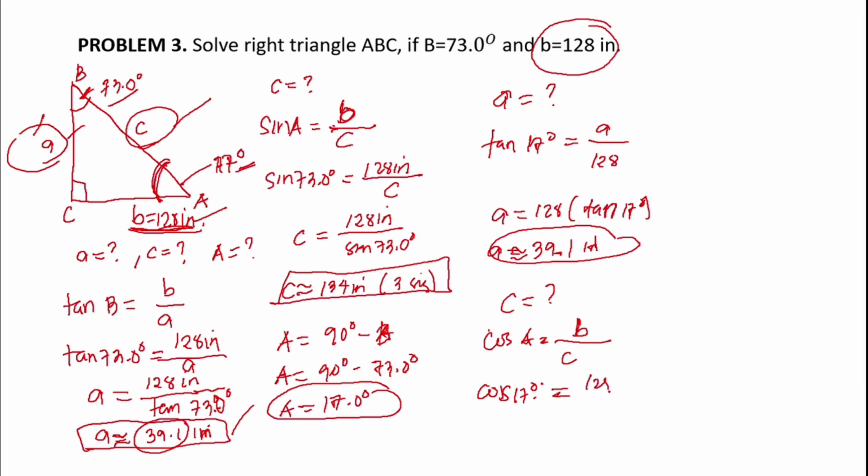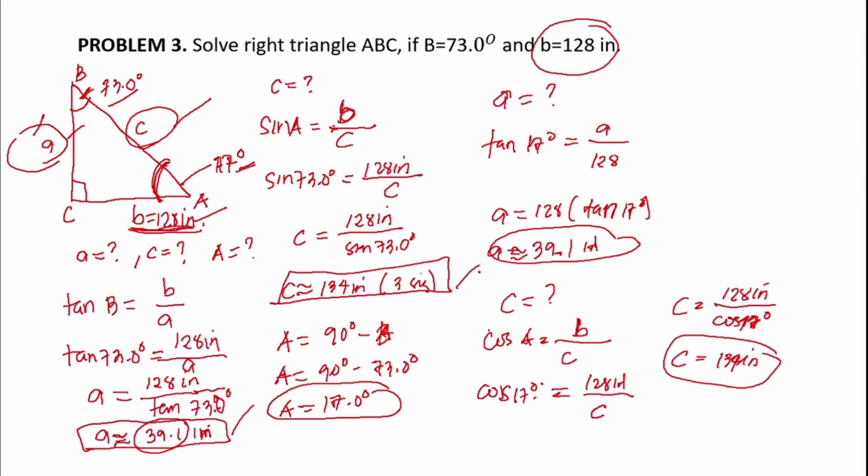B is 128 inches over c, which is the unknown. To solve for this part, c is equal to 128 inches over cosine of 17 degrees. Using a calculator, we have 134 inches. So still the same answer as the result.